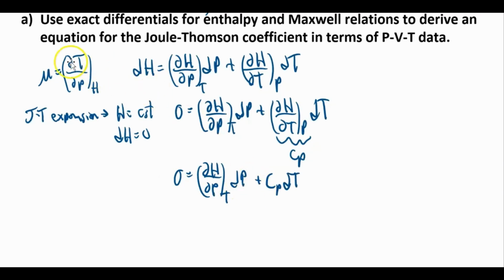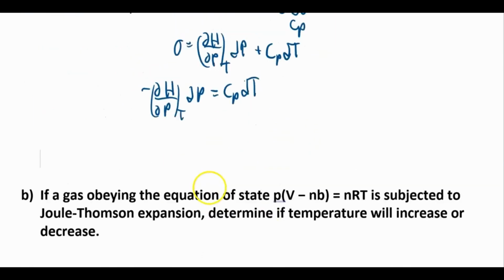We can see how the Joule-Thomson coefficient is the partial derivative of temperature with respect to pressure. So we move this to the other side: partial H over partial P at constant T, dP, equals negative Cp dT. Then we divide both sides by dP.